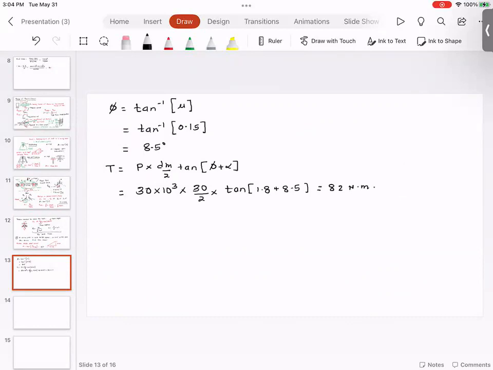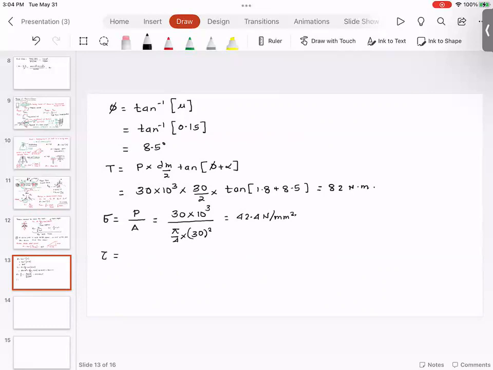Now the load is given to us, so I can find out the stress, which is load divided by area, which is 30 kilonewton, 30 times 10 to the power 3, over pi by 4 times 30 square, that gives me 42.4 Newton per millimeter square.